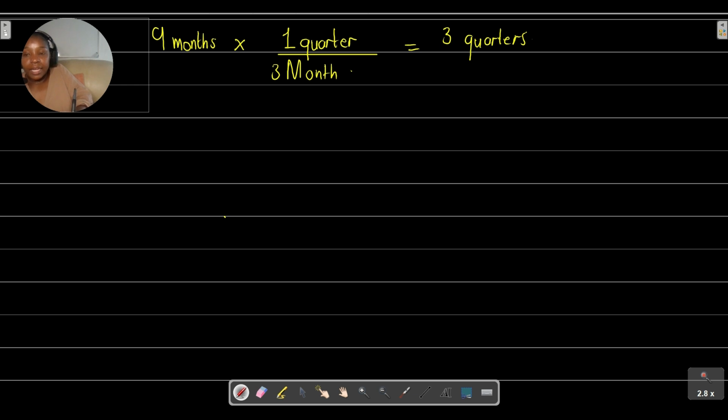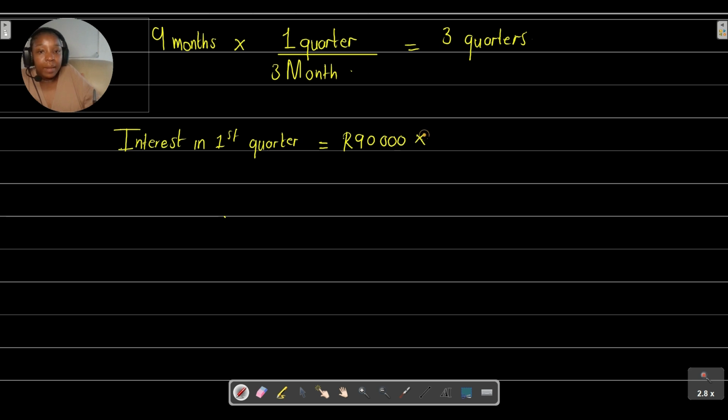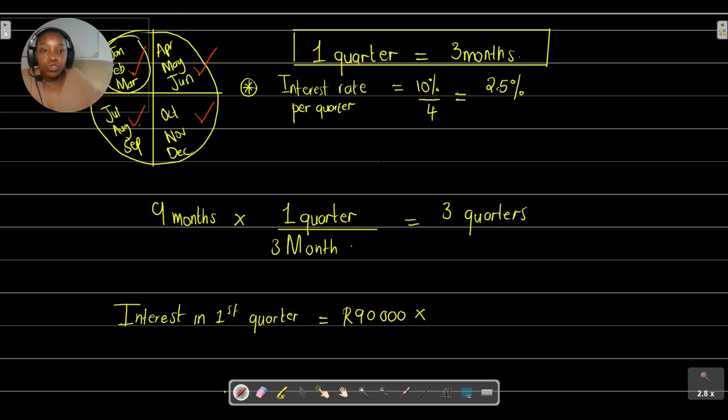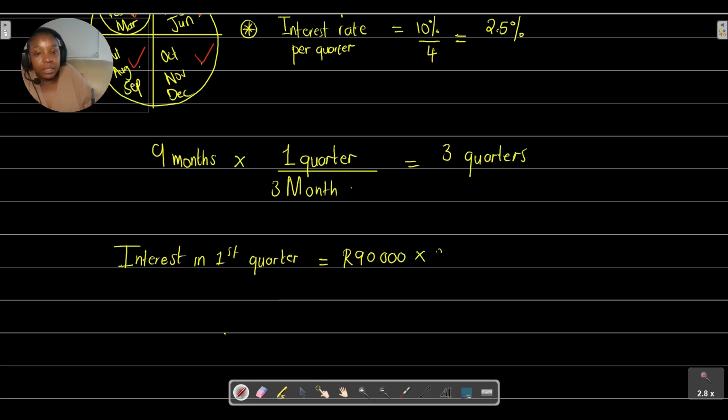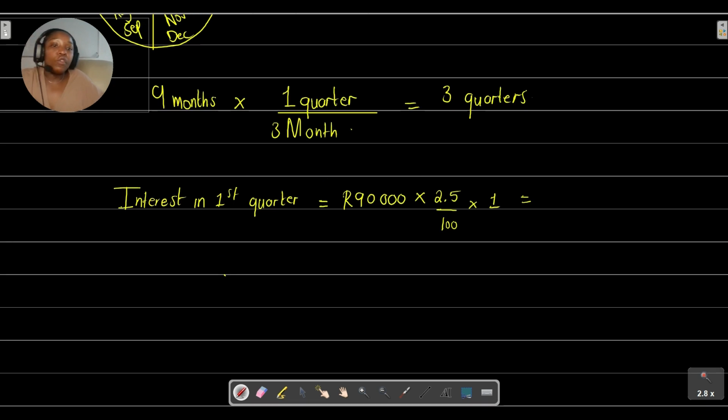So we're going to calculate the interest in the first quarter. We take the amount that he borrowed, 90,000, multiplied by the interest rate of 2.5%, so 2.5 divided by 100, multiplied by 1, because it's just the first quarter.